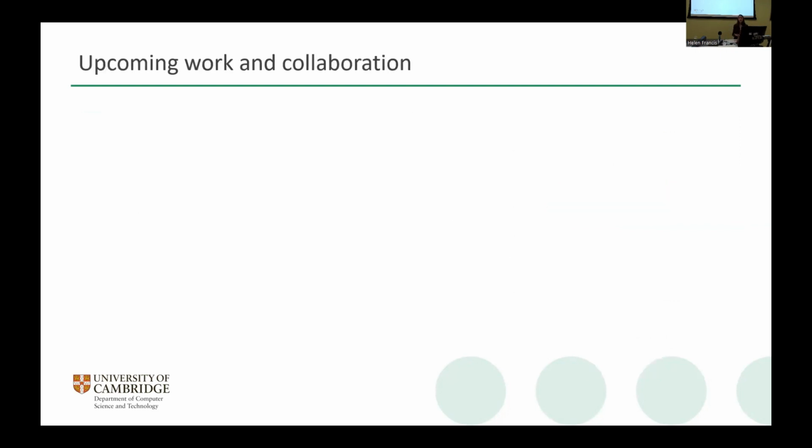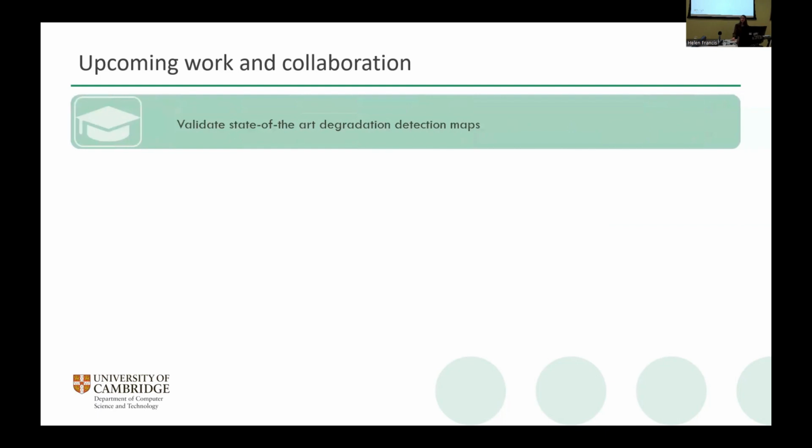These approaches have led us to some exciting new research avenues and areas of collaboration. First, we've been working with the academic groups that develop these pan-tropical disturbance detection maps to help validate those maps based on our measurements of the changes that actually took place there.